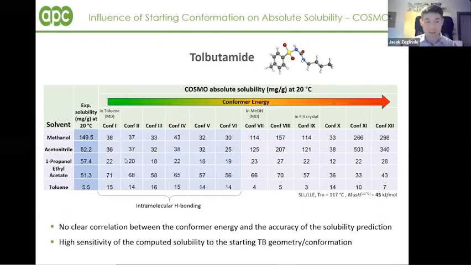And those lower energy conformations are those with intramolecular hydrogen bonding. So there is no clear correlation between the conformer energy and the accuracy of the solubility prediction for tolbutamide. So as you can see, there are some molecules which are more tricky to predict solubilities for.